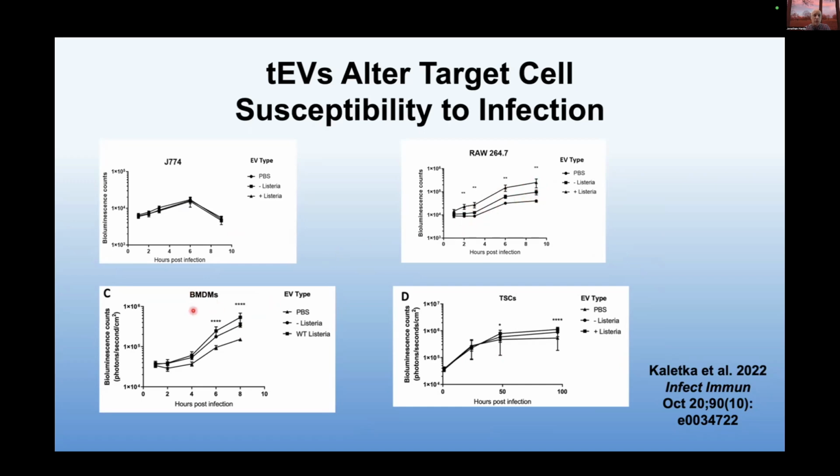And the same thing in bone marrow-derived macrophages and also in TSCs themselves, although Listeria grows very slowly in TSCs, and so we didn't see too much of a difference there. So a surprise in the field of Listeria to get an increase in listerial growth by treating these cells in this way. Very interesting.